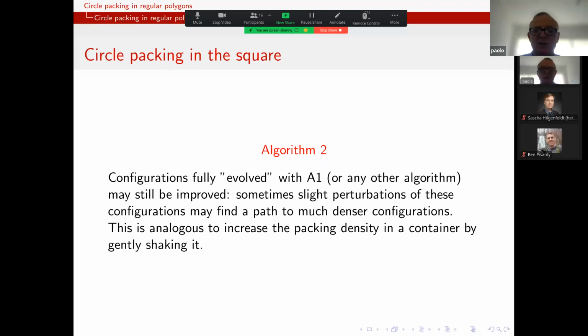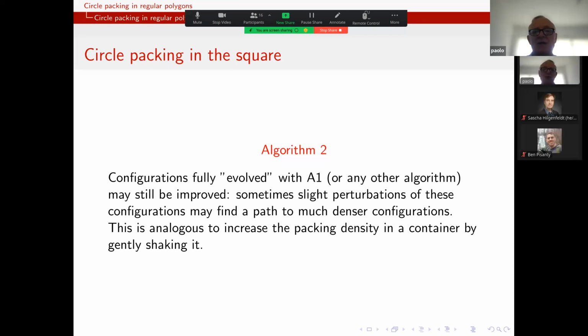And the second algorithm that we did, algorithm 2, which we also call the shaking algorithm, uses essentially the original algorithm, but the starting configuration is not random. It can be an evolved configuration from any algorithm, for example, the earlier algorithm or any other algorithm.